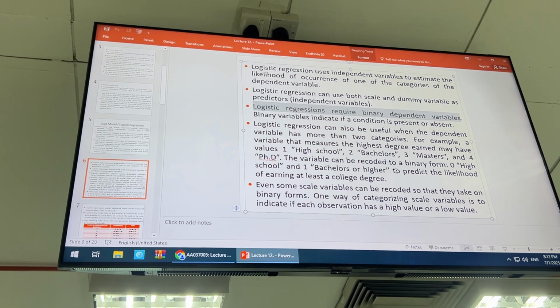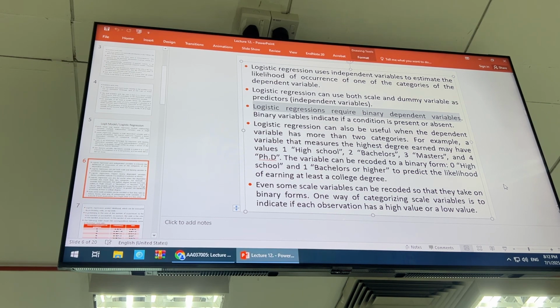The variable can be recoded to a binary form. So instead of having 4 categories, we recode to only 2 categories, and then we use logistic regression to predict the likelihood of earning at least a college degree, with 0 for high school and 1 for bachelors.